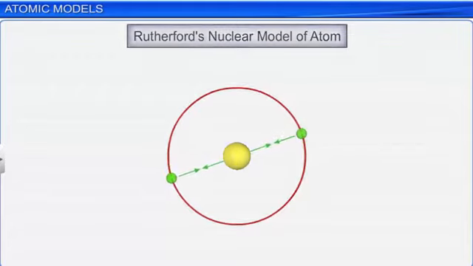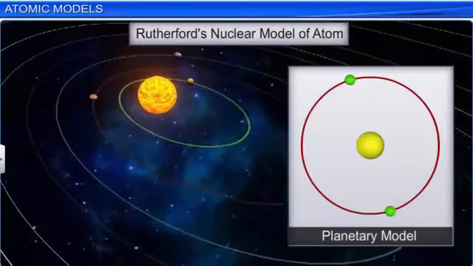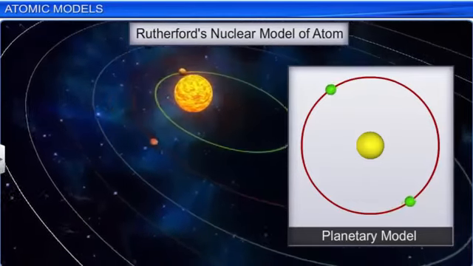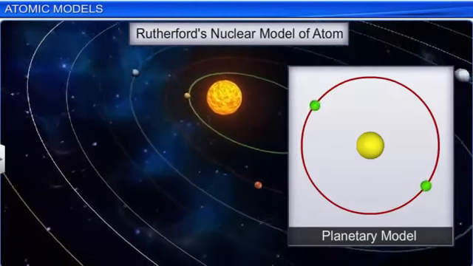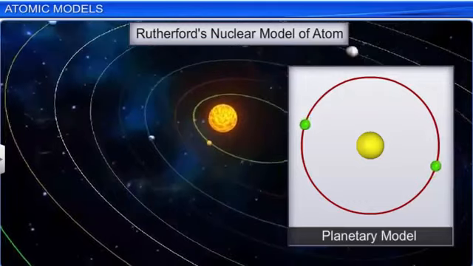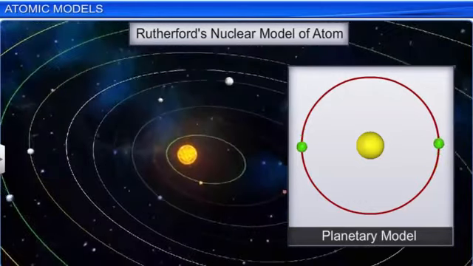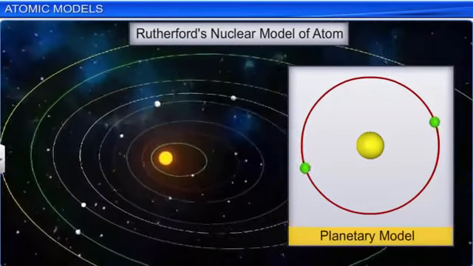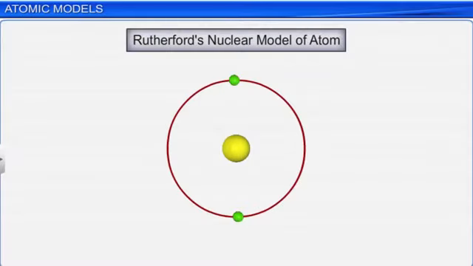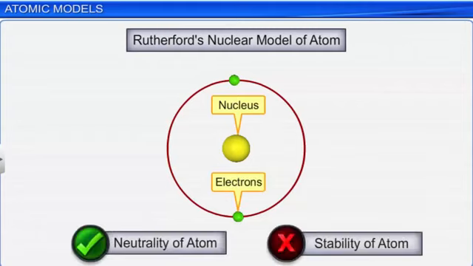As electrons move in circular paths around the nucleus, just like planets revolve around the Sun in the solar system, Rutherford's atomic model is also called planetary model. Thus, Rutherford's model could account for the presence of nucleus and electrons outside the nucleus. However, it failed to explain the stability of an atom.